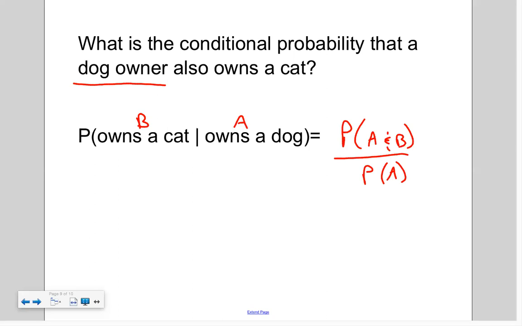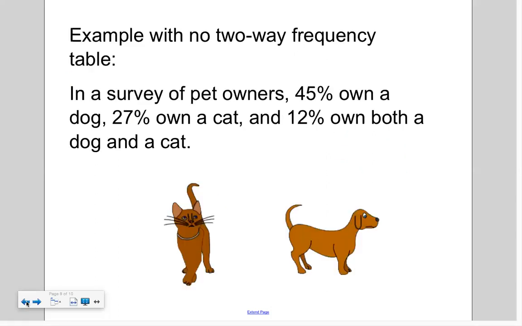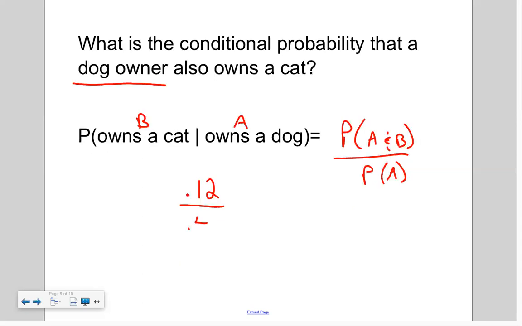So the probability of both things occurring, we said it was 12%. I'm going to write it as a decimal, divided by the probability of just A, which is owning a dog, which is 45%, 0.45.